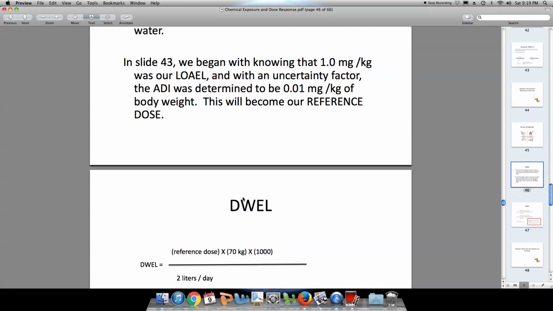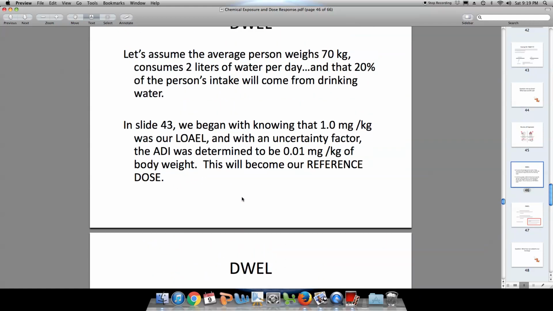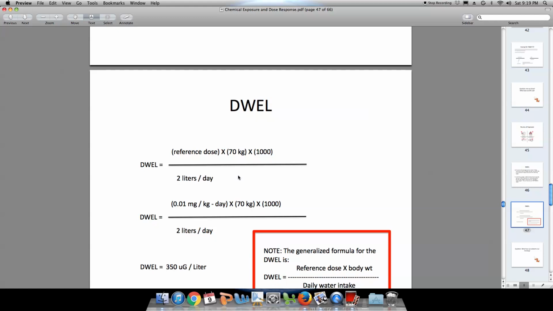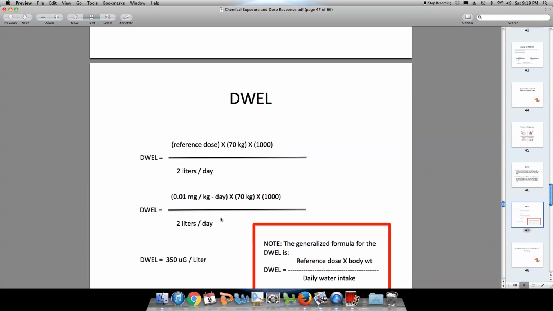So we work out our reference dose as 0.01 milligram per kilogram of body weight times 70 kilograms of body weight divided by 2 liters of water per day.